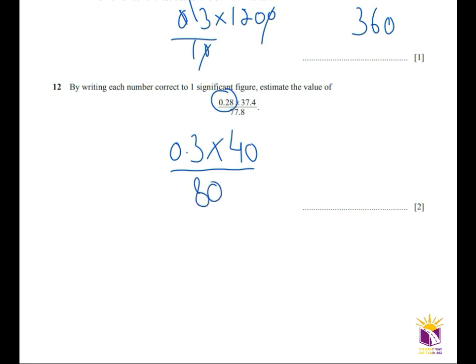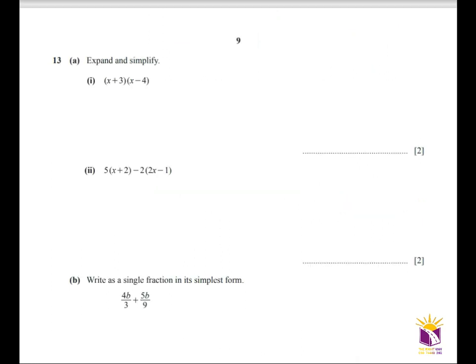Now all these numbers are in one significant figure. 0 cancels out with 0. 4 times 1 is 4, 4 times 2 is 8. 0.3 divided by 2 will be equal to 0.15.